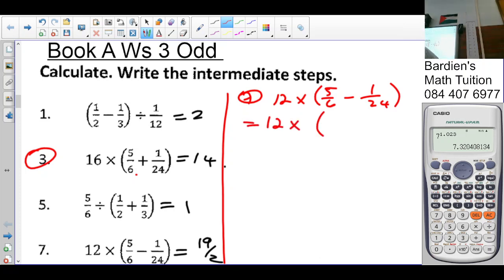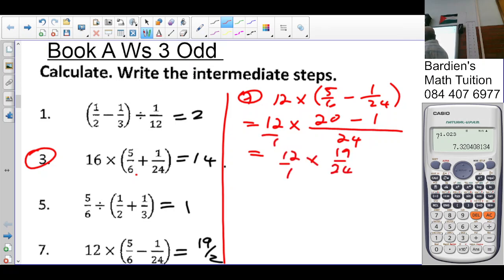Sorry? 24. So read for me what you have there. So it's 20 over 24 minus 1 over 24, that is absolutely correct. Carry on. It's going to be 19 over 24. It's going to be 12 over 1 times 1 over 24. Right, 19 over 24. Did you have 9 or 19? 9, there's your mistake. It's 19.